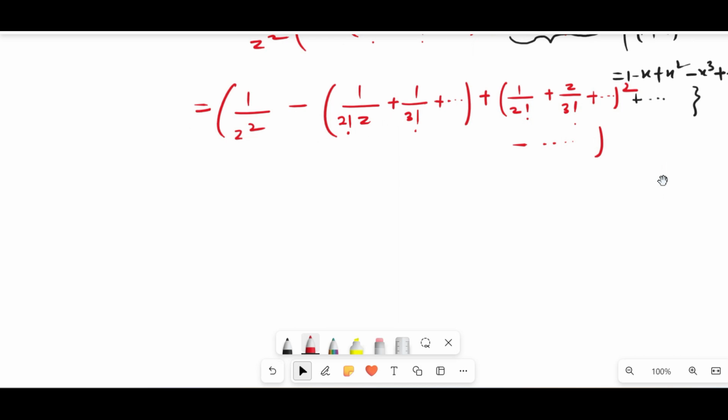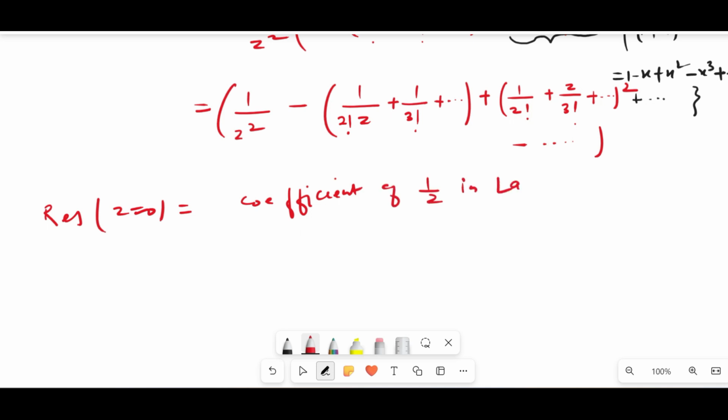So now the residue at z is equal to 0 is the coefficient of 1 by z in the Laurent series expansion of the function f of z at z is equal to 0.